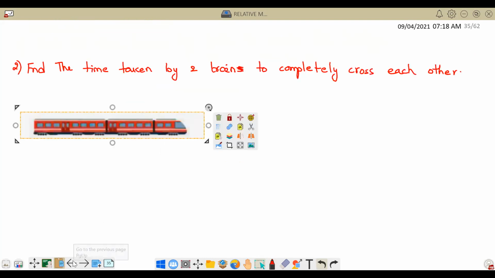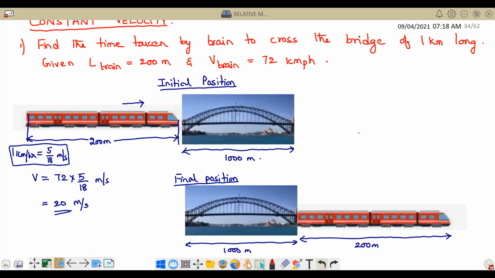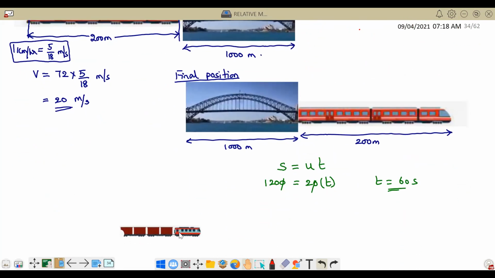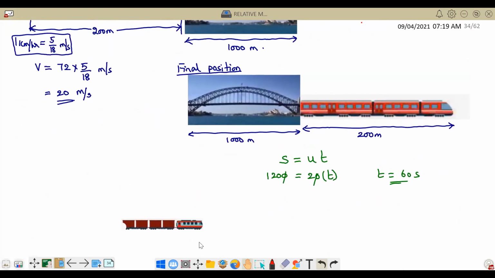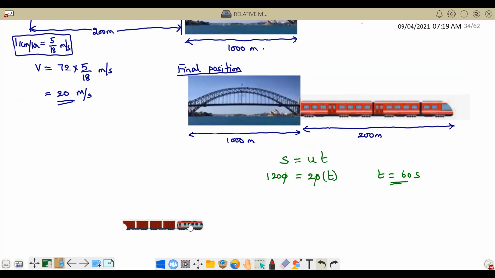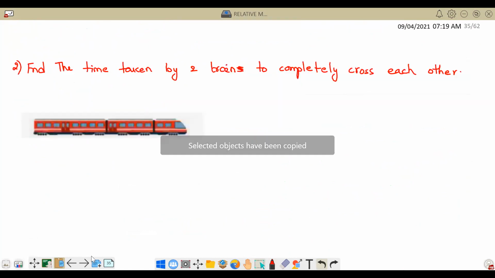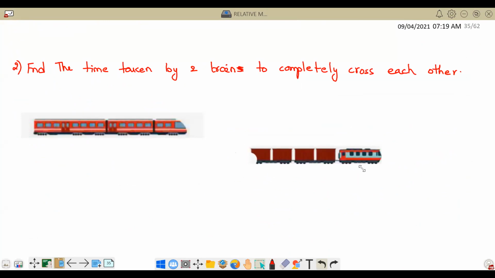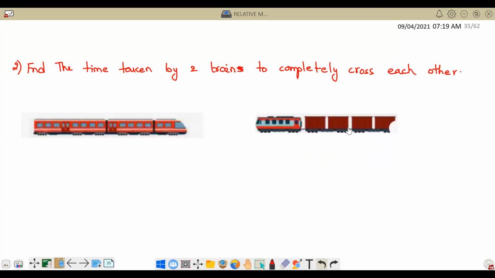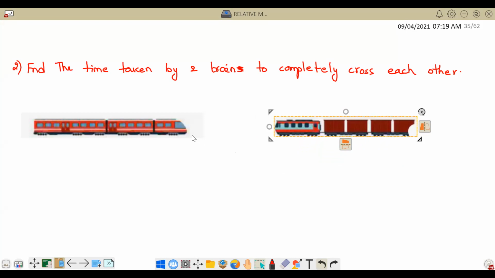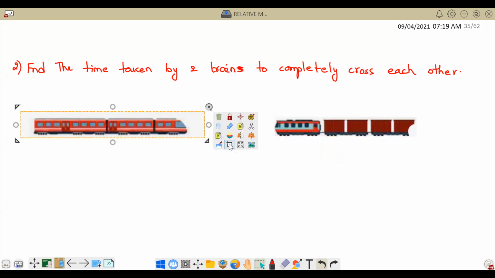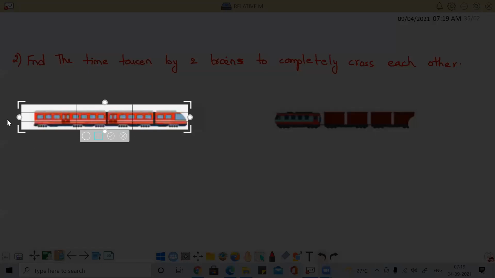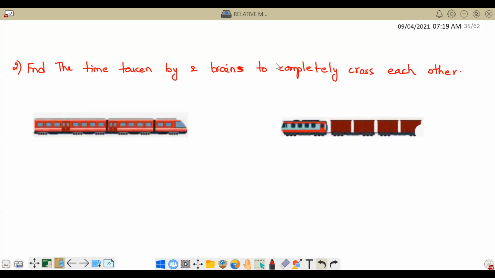This is one train. Yeah, this is another train. Okay. So there are two trains. Okay, one traveling towards right side, another one traveling towards left side.